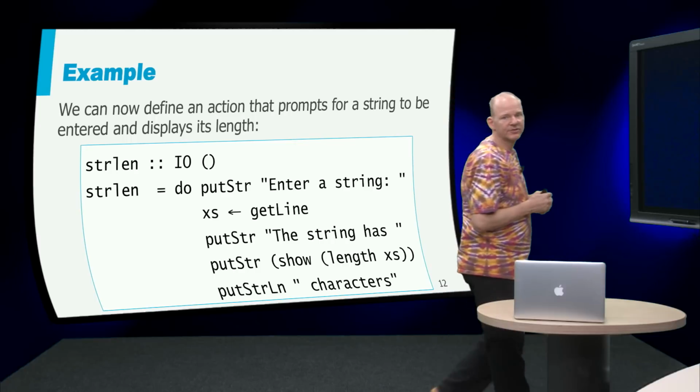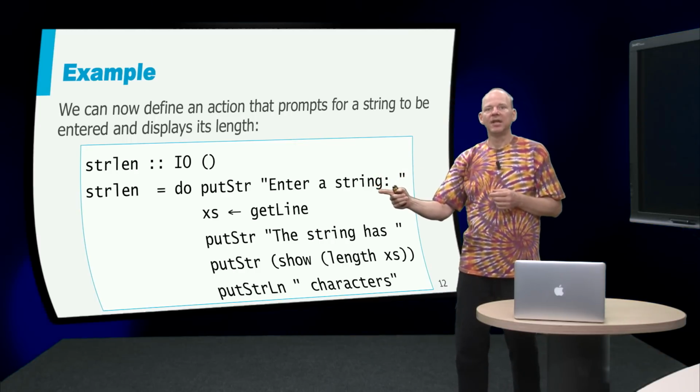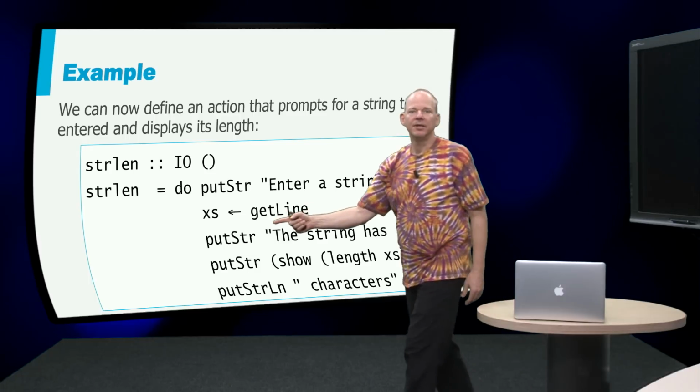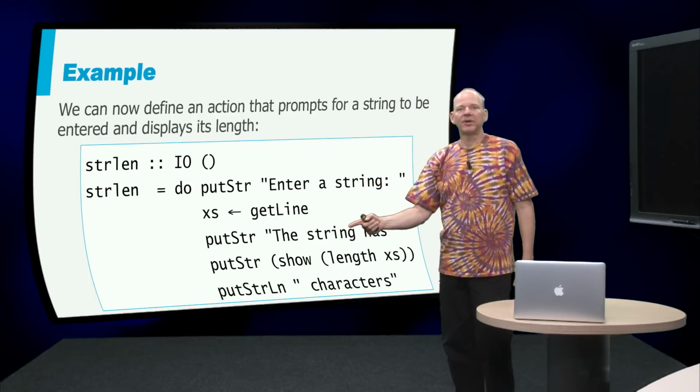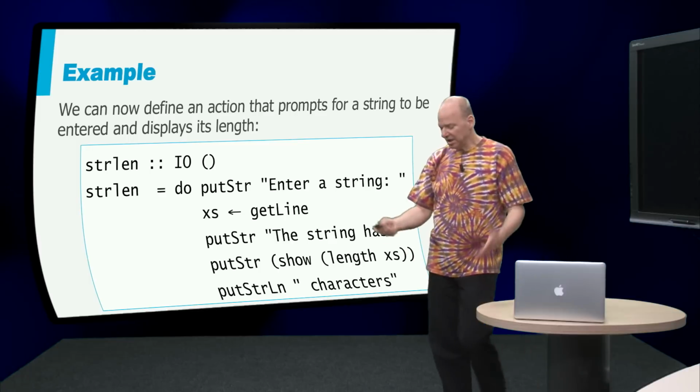So let's walk through this example. We print enter a string. We read this line from the input, and then we print that that line has so many characters. Very simple.